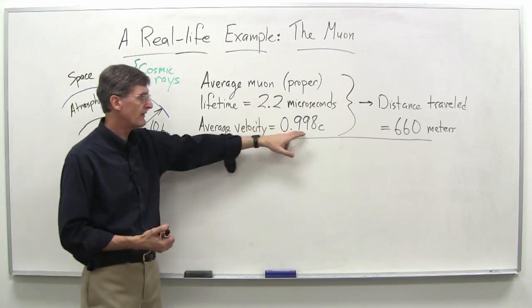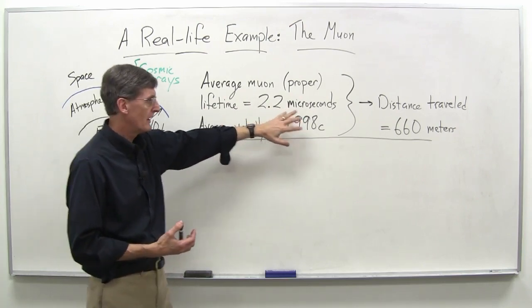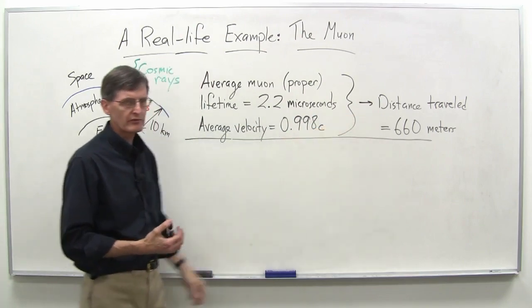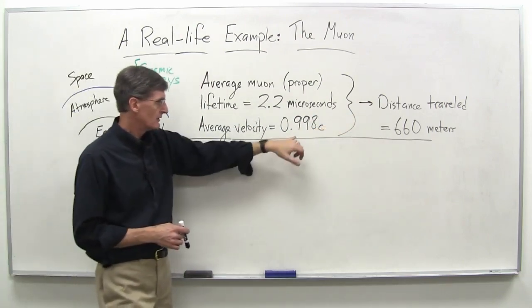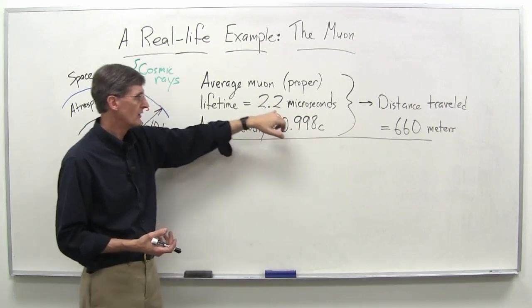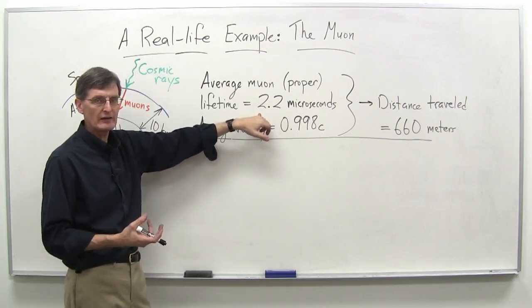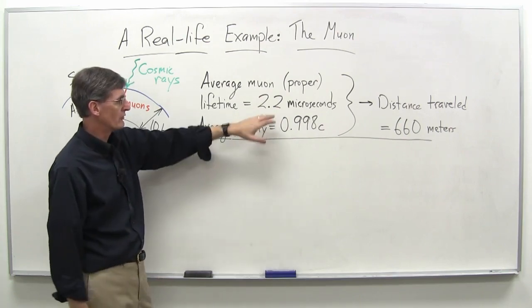It's traveling very fast, but it's not living very long. And so the distance traveled, about 660 meters is what it comes out to be, using the speed of light, essentially being pretty close to the speed of light, 3 times 10 to the 8th meters per second. But 2.2 microseconds is 2.2 times 10 to the minus 6 for those of you who do those sorts of calculations.